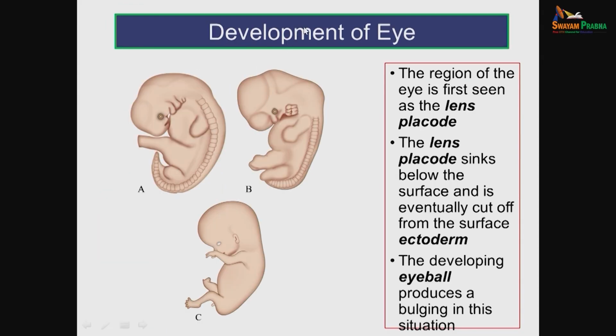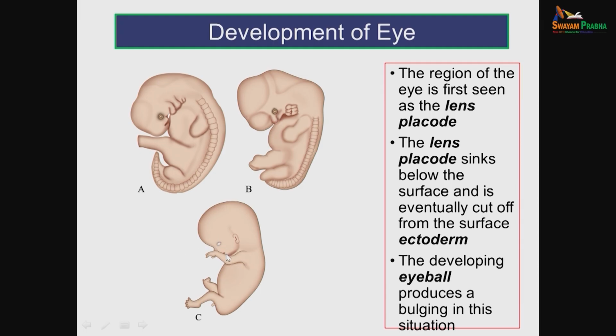Coming to the development of the eye, the region of the eye is initially seen as a lens placode. I told you the lens placode lies cranial and lateral to the nasal placode. The lens placode sinks below the surface and is eventually cut off from the ectoderm.